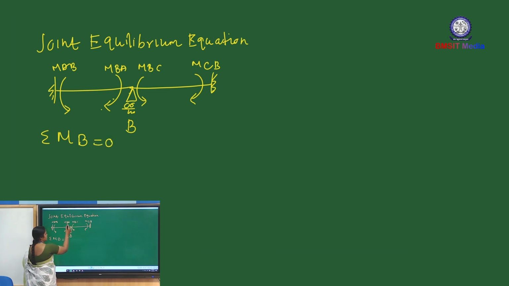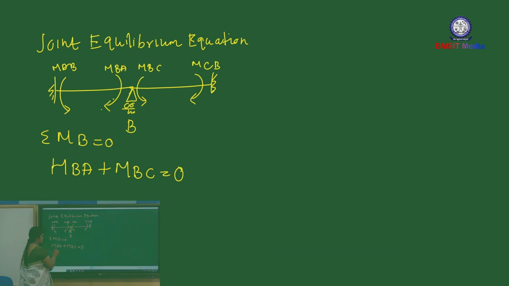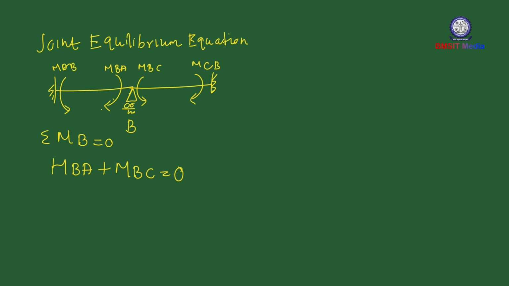So at joint B, MBA is there, MBC is there. So write down MBA plus MBC equal to 0. This is the joint equilibrium equation. Already we have formulated the equations for MBA as well as MBC. So substitute here; I think MBA is equation number 2, MBC is equation number 3. So substitute equations 2 and 3 here.